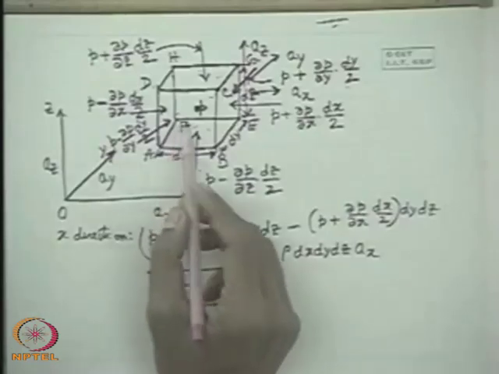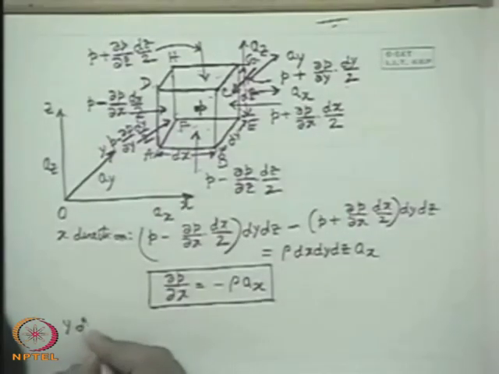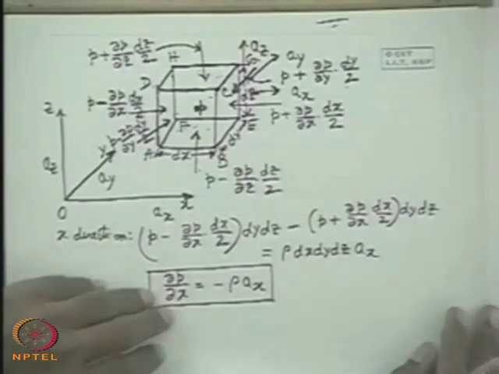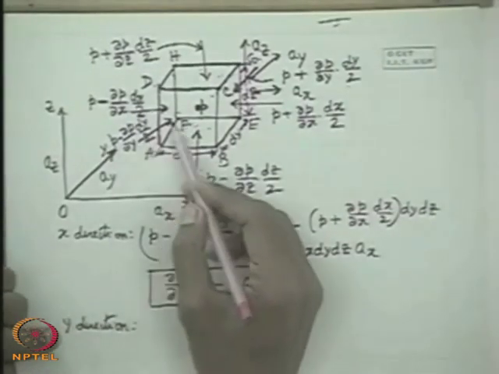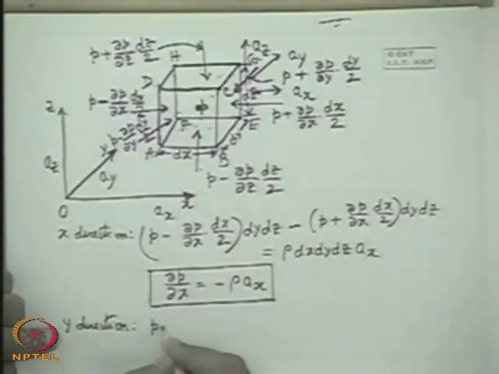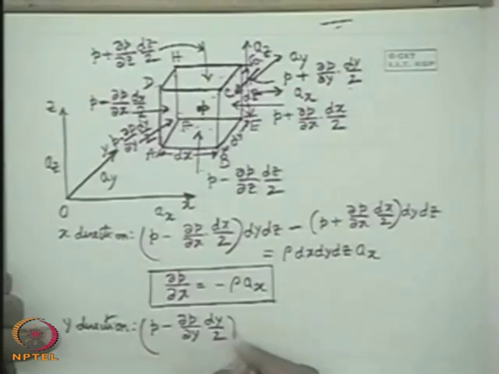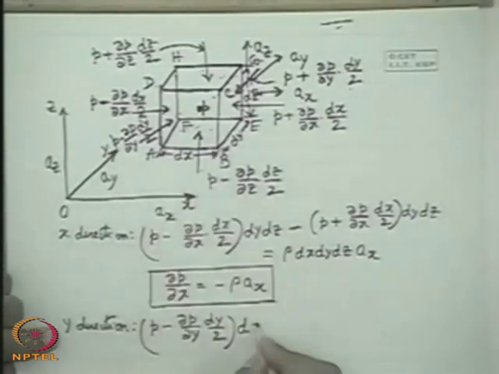Similarly, if we make the y direction force balance, it will be P minus del P del y dy by 2 into the y direction area, dx dz.